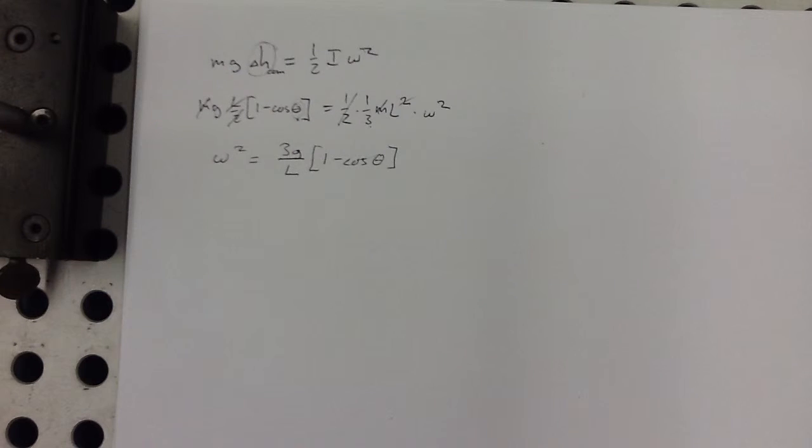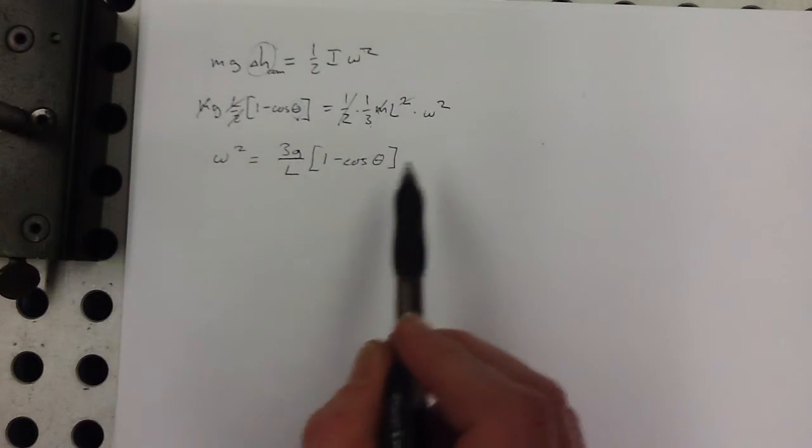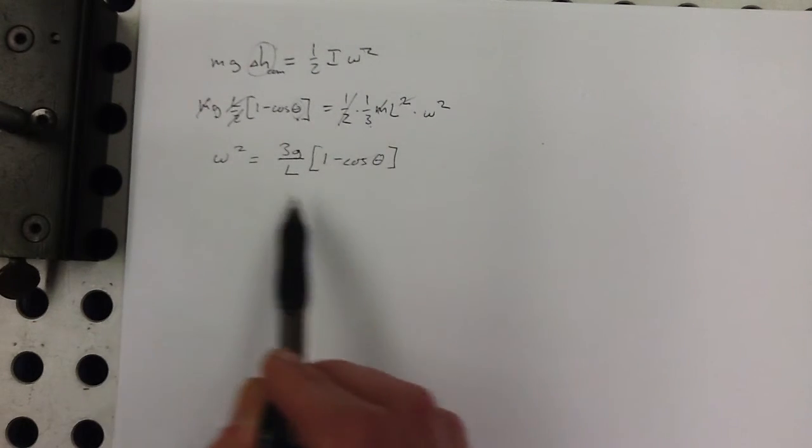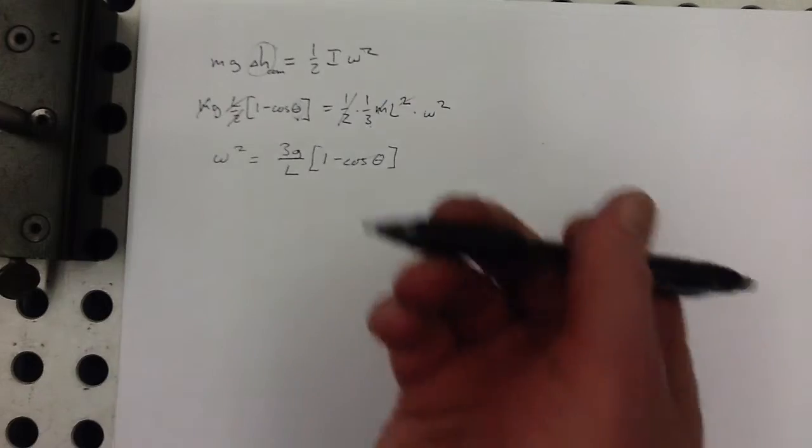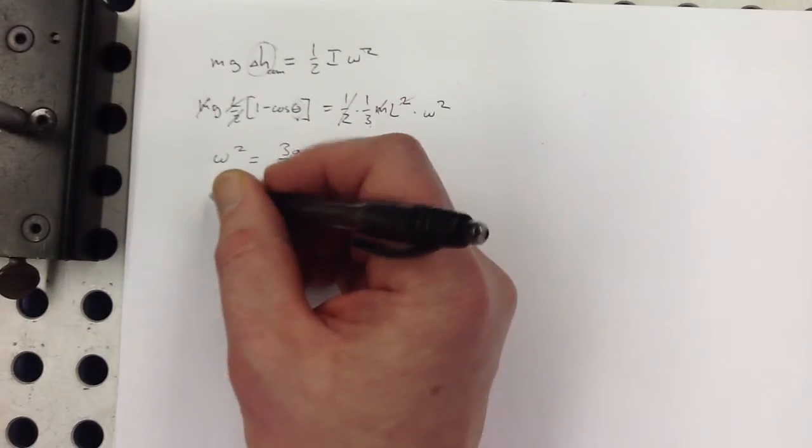Now, what they did here, this is the tricky move that you might not think of. They took the derivative of this equation with respect to time, which is very much like a related rates problem, right? They're going to take the derivative of this equation with respect to time. So let's try that.